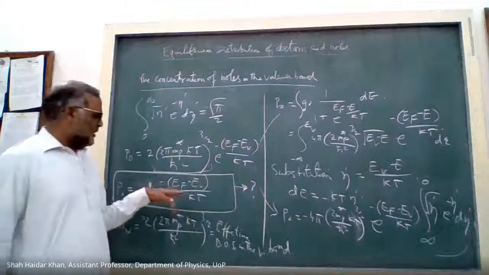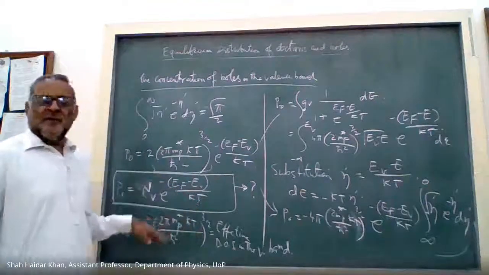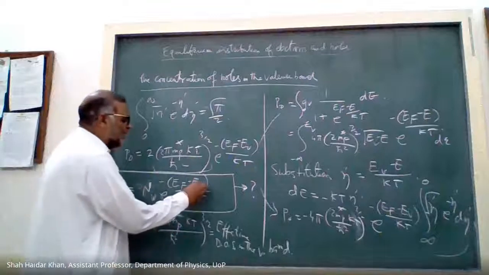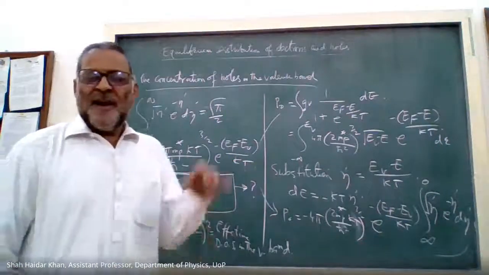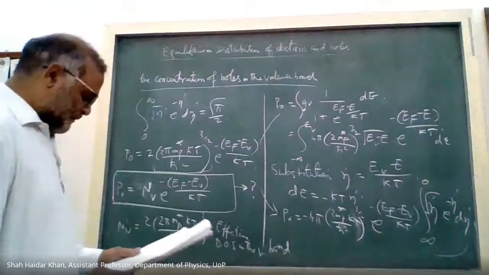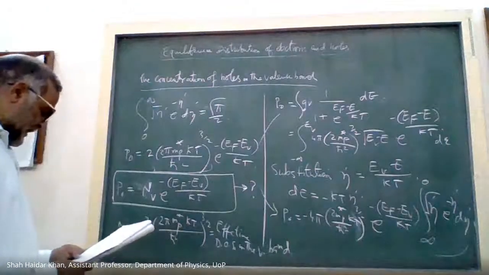It is a function of temperature and of the difference of Fermi energy and the valence band maximum. EV is the valence band maximum.